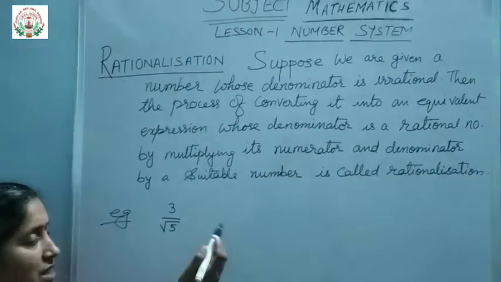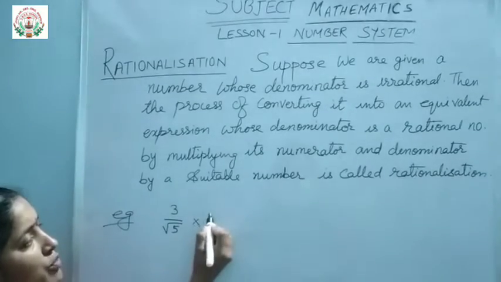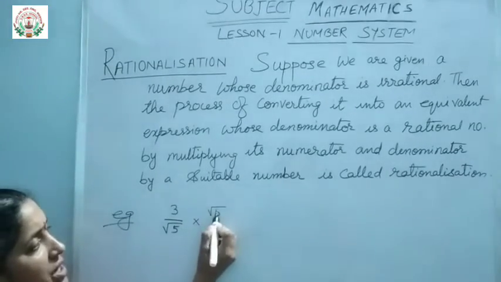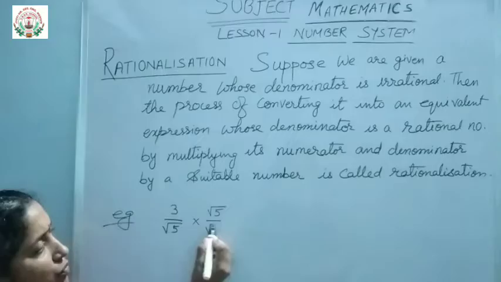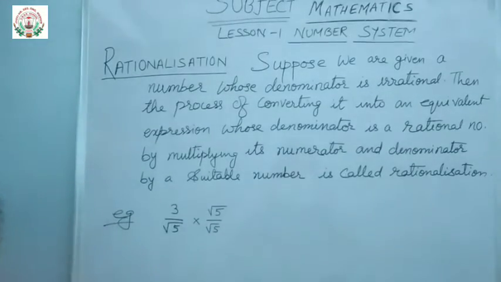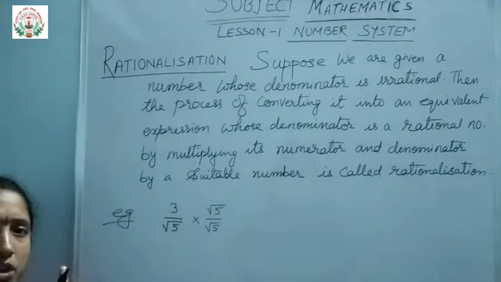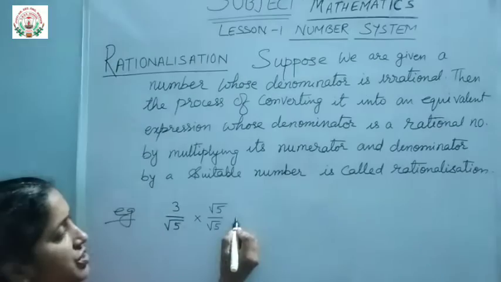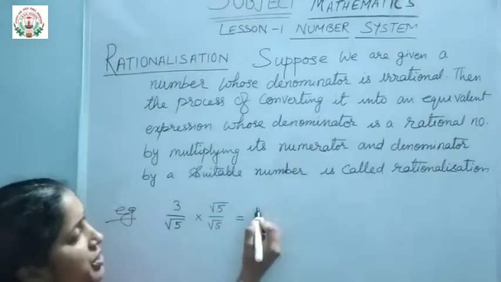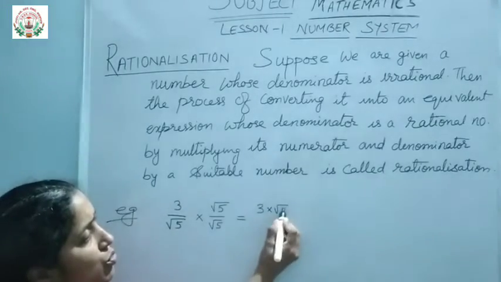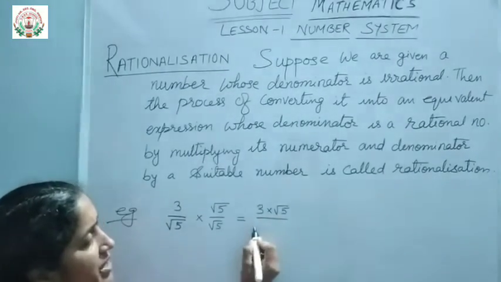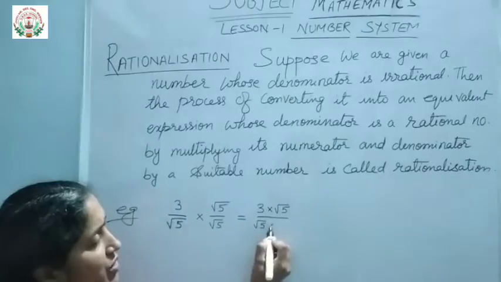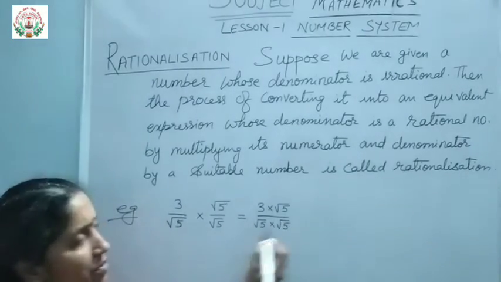Irrational to rational. So what you will do? You have to multiply both numerator and denominator with root 5. Same value only. The numerator will be 3 into root 5 and the denominator will be root 5 into root 5.